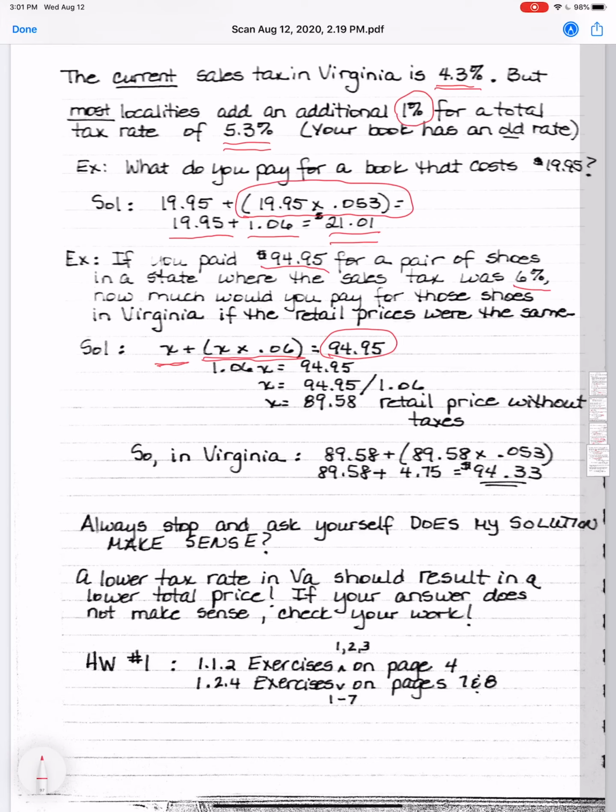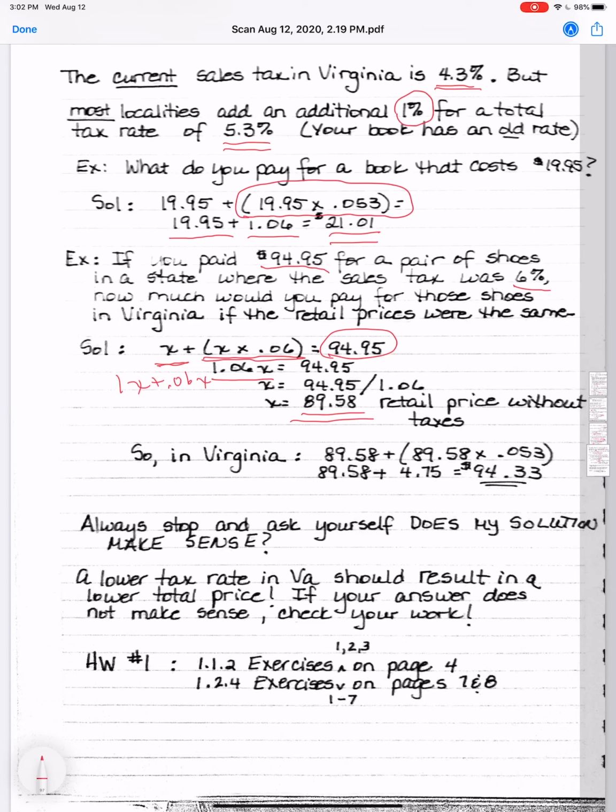So again, if we add 1x to 0.06x, we get 1.06x is 94.95. Dividing both sides by 1.06, we find that the retail price of our shoes without any taxes was $89.58.